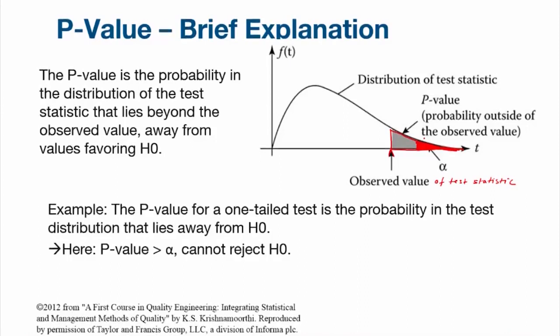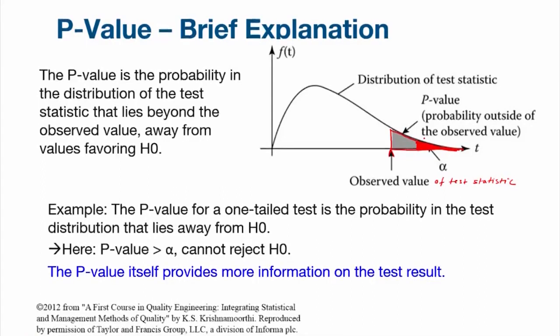Our observed value does not lie in the critical region, because we see that the p-value is greater than alpha. If the p-value were smaller than alpha, then the observed value of the test statistic would lie inside the critical region, and then we would be able to reject the null hypothesis.